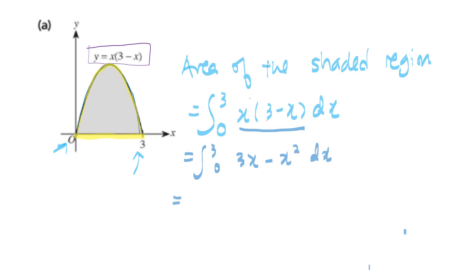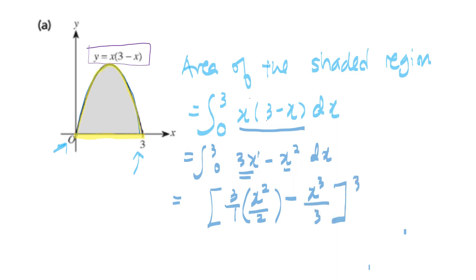To integrate 3x, power 1 plus 1 gives you 2, then divide by the new power. Then for x squared, it will be x to the power of 3, because 2 plus 1 gives you 3, divide by 3. And we put in the limits. Let's try to simplify it first before we do the substitution.